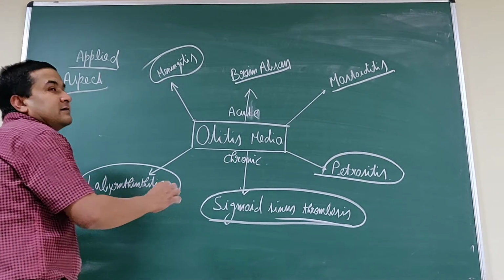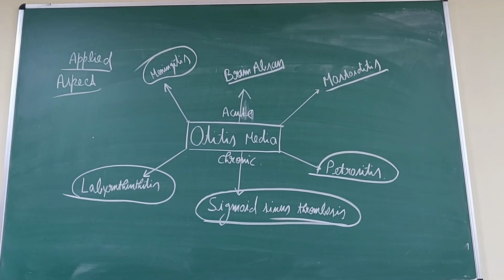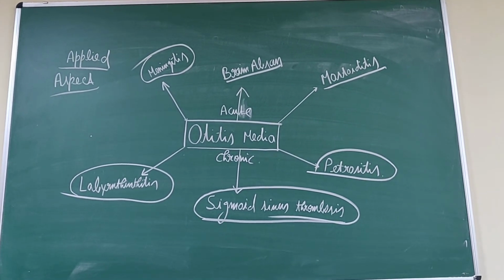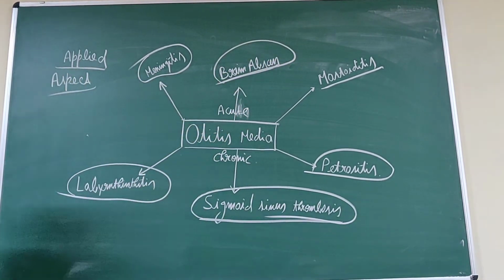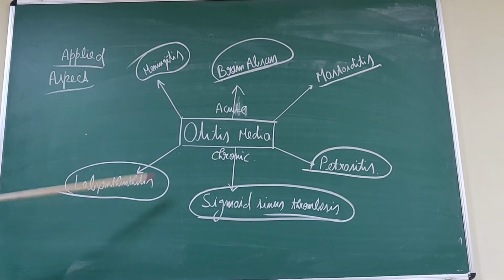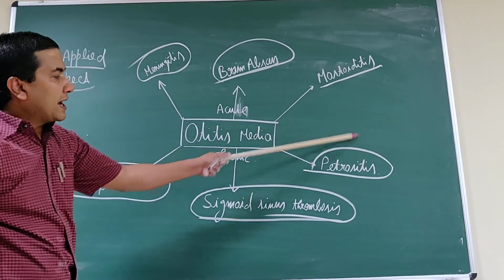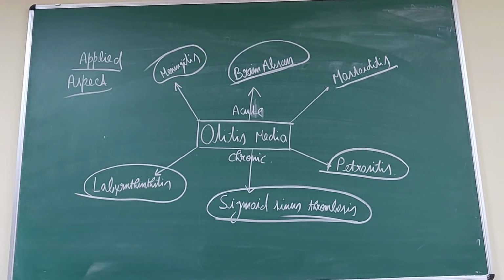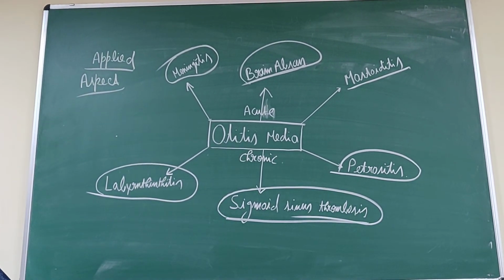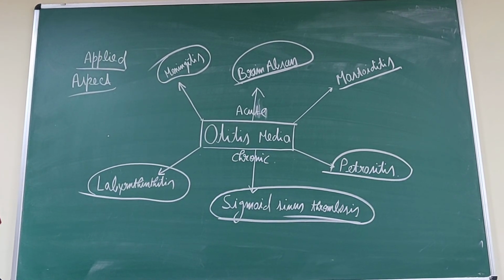And if it spreads through the tegmen tympani, it leads to brain abscess formation. So the infection of the middle ear can spread and cause these related complications. This is about the middle ear and its applied aspect. Thank you very much.